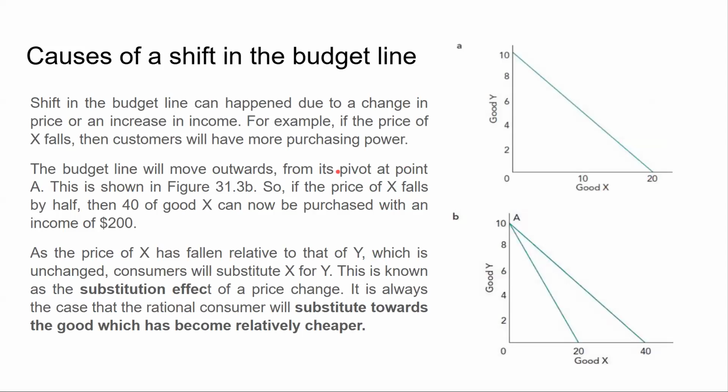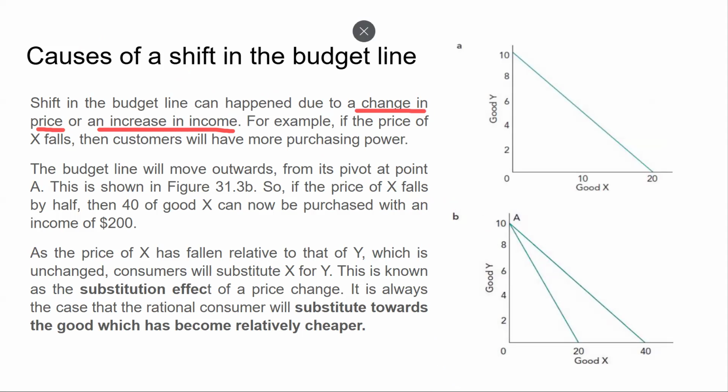Now, it will start to get complicated. We have the causes of a shift in the budget line. A shift in the budget line can happen due to two things: a change in price or an increase in income.